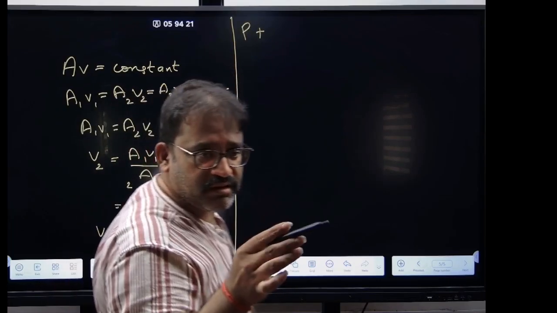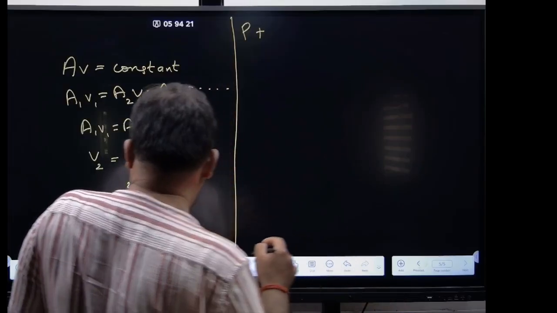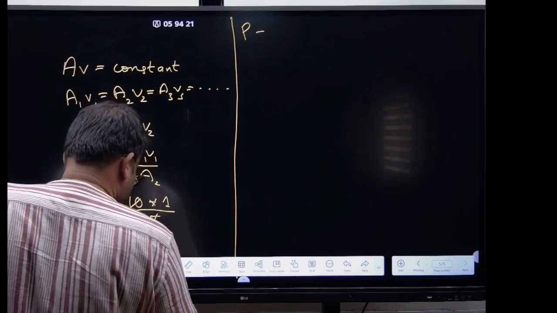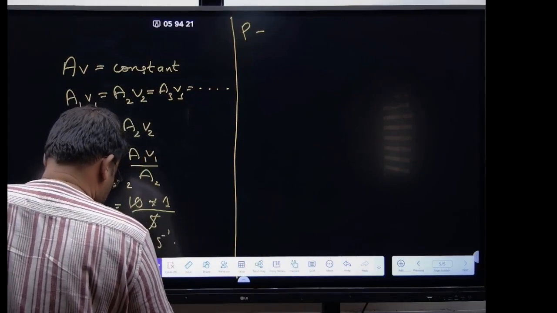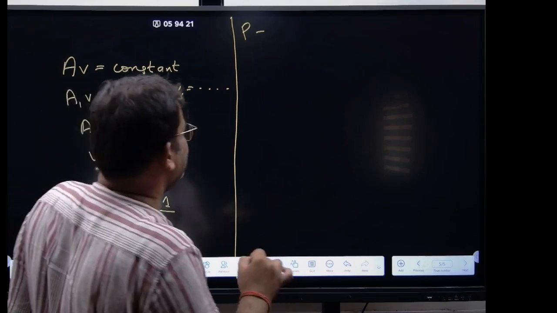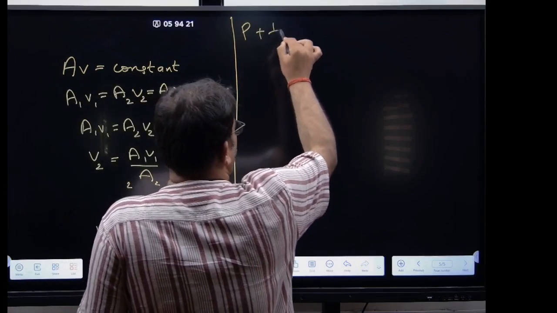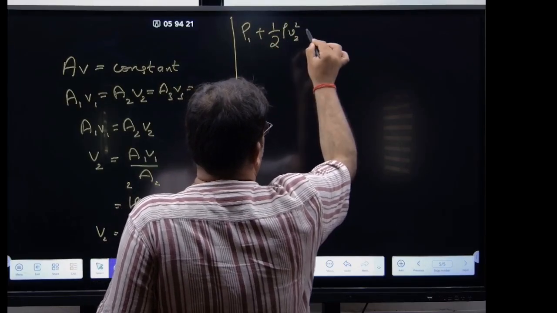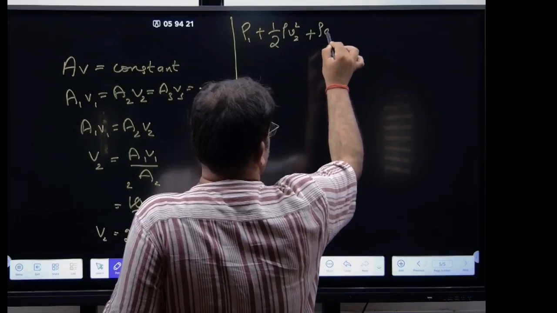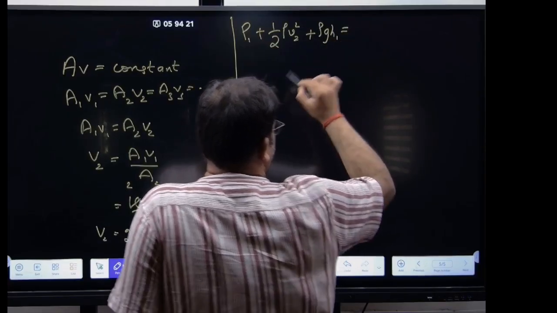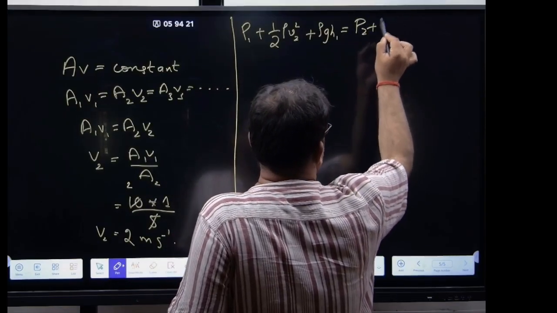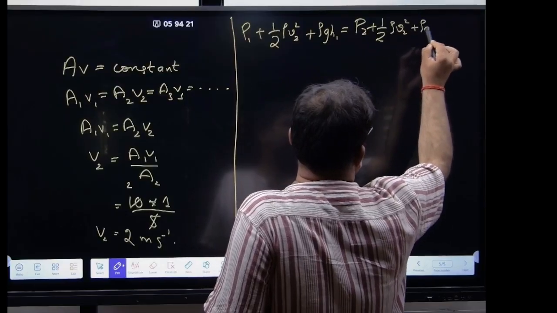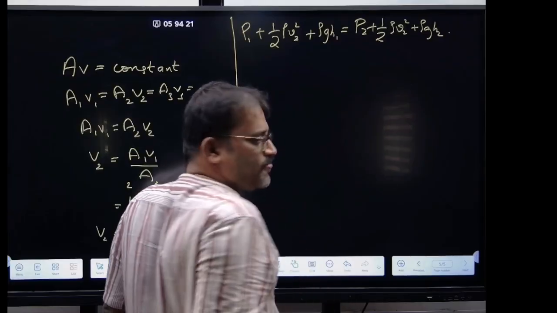Sorry, velocity is 2. So P1 plus half rho V1 square plus rho G H1 is equal to P2 plus half rho V2 square plus rho G H2.